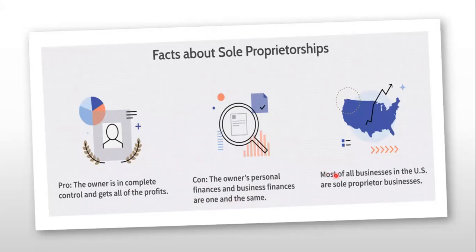And something curious that I found was this about the United States. You know, it's a huge country. And it says that most of all businesses in the United States are sole proprietor businesses. So it means that among all the businesses there, most of them belong to one unique owner.